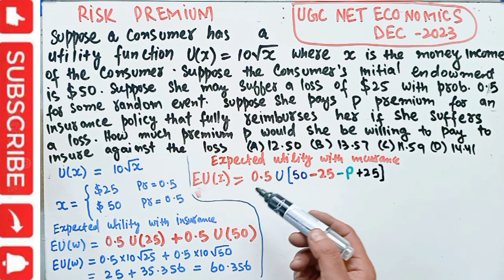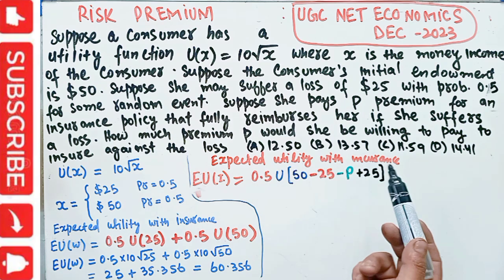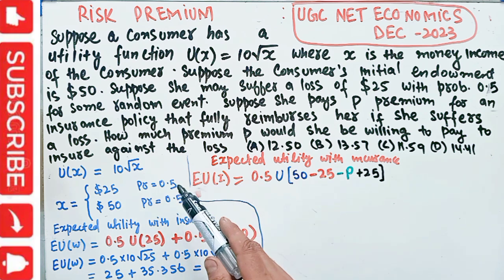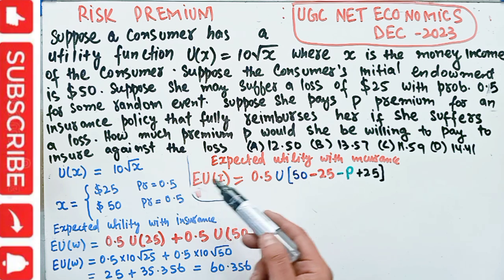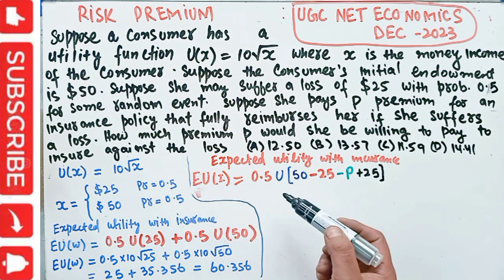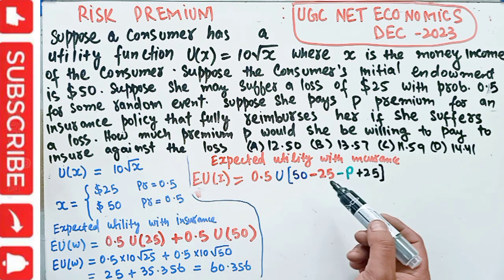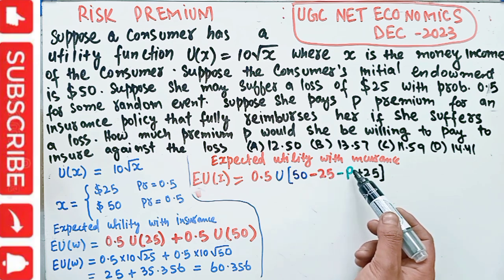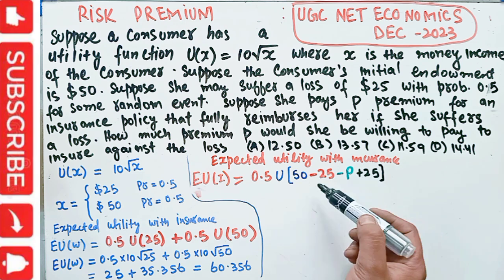So what will be the expected utility with insurance? That will be equal to 0.5, the probability that bad happens to her, that she loses $25, times the utility of the initial wealth minus the loss she suffers minus the premium she pays plus the loss that is being compensated.